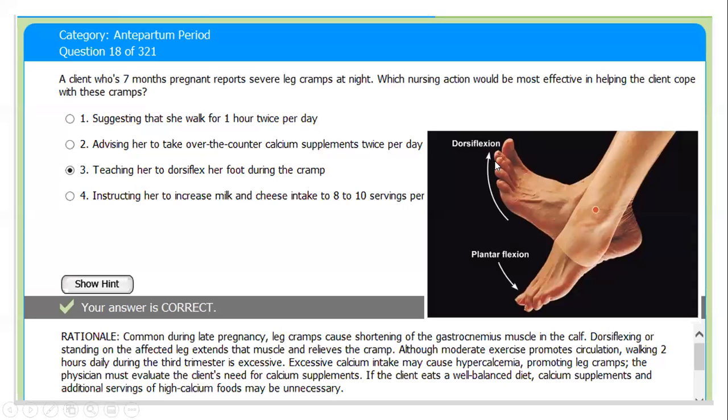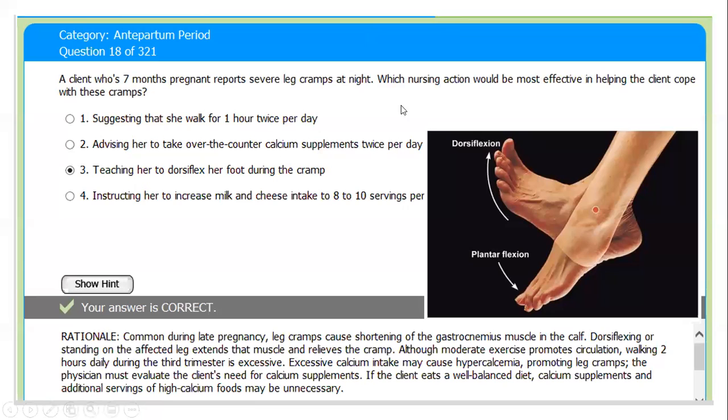So usually people use dorsiflexion when they walk, during the middle stage of weight bearing or just before pushing off the ground. Plantar flexion is actually the opposite.